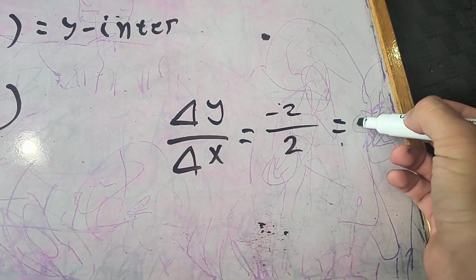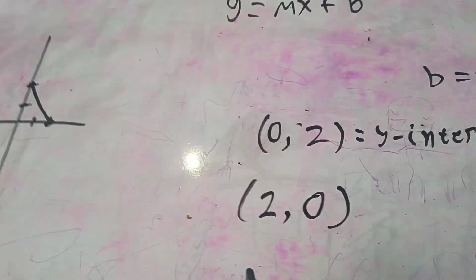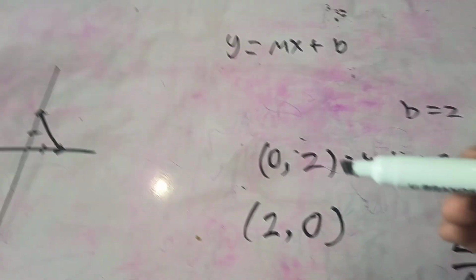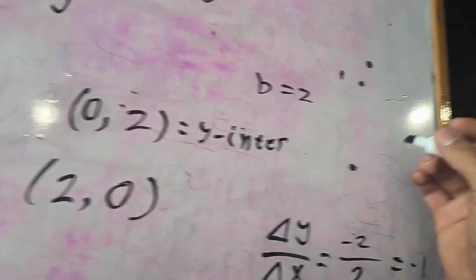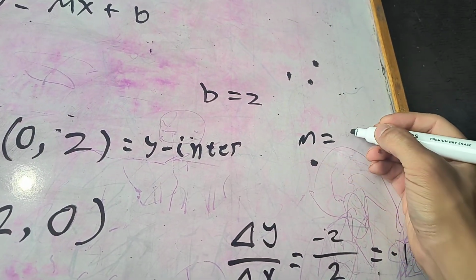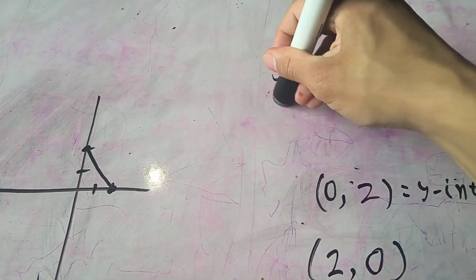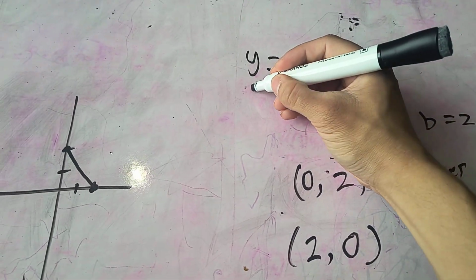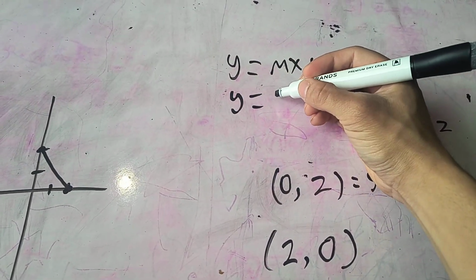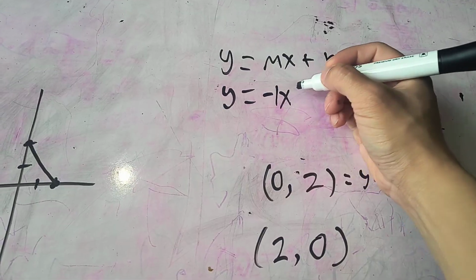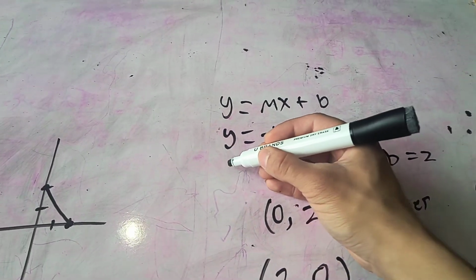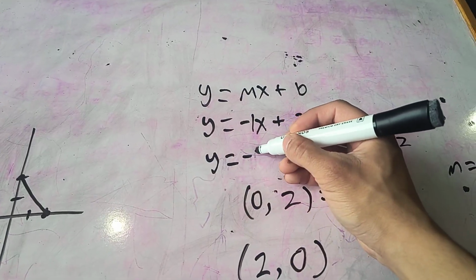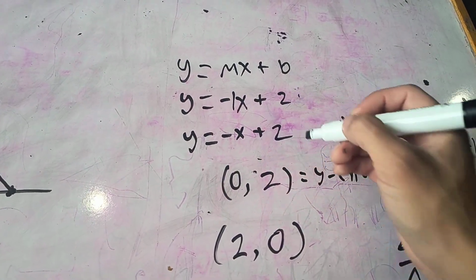And this is equal to negative 1. So the equation for this line, because m will now be equal to negative 1, is y equals negative 1 times x plus 2, or y equals negative x plus 2.